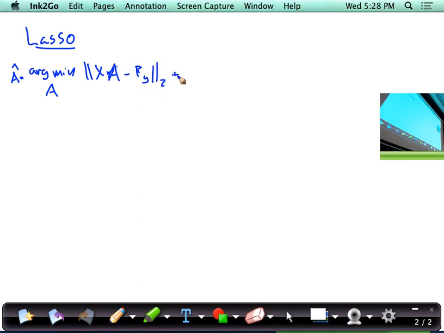But you also want to make this expression a bit more complicated, where I also look at this vector, and I have some value here, and this is called the regularization parameter. So I want to say, for some value s, I want to minimize this expression. I'll call this A hat s.